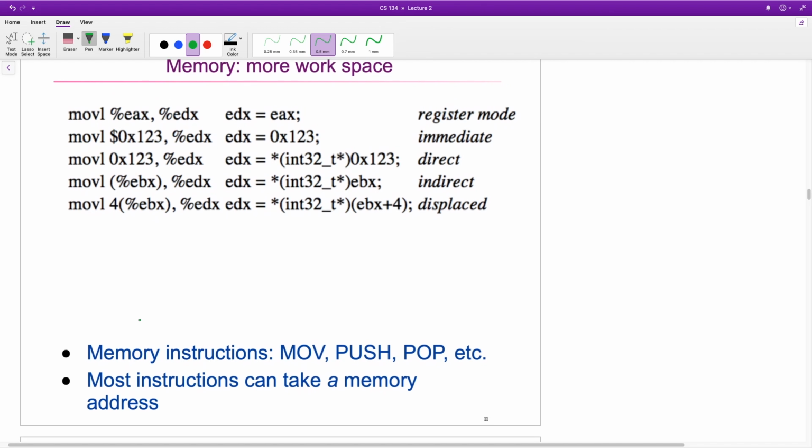All right, so we have these registers, and that's great. We also need a way to deal with memory. So let's say here we are moving, and this syntax is AT&T syntax. There is another syntax that you will also see, which is slightly different.